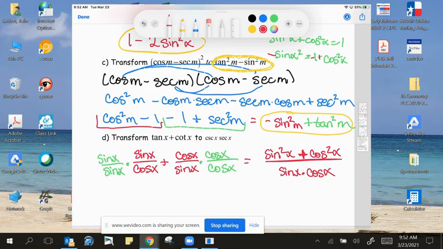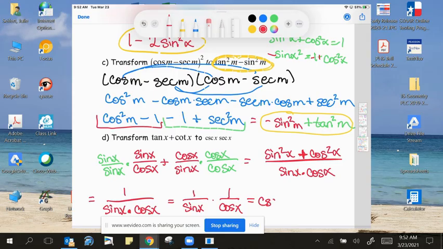Okay, then we know that sine squared x plus cosine squared x is 1. So that's 1 over sine x times cosine x. Okay, we can think of that as two separate fractions now because that denominator is multiplied. 1 times sine x over 1 times cosine x. 1 over sine x times 1 over cosine x. Well, 1 over sine x is cosecant x, and 1 over cosine x is secant x, and that is exactly what we wanted to prove.